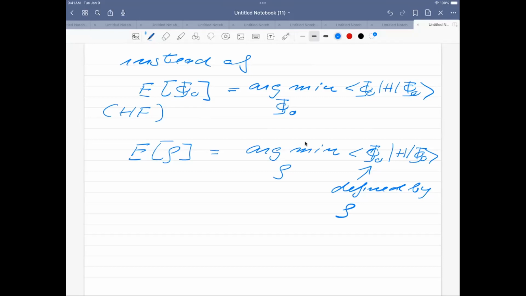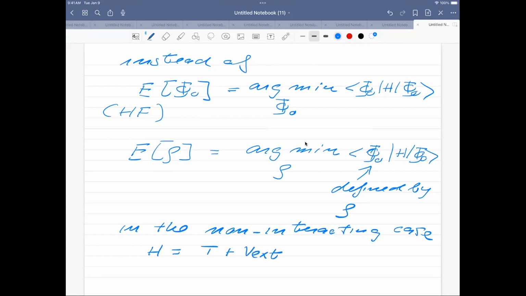So the quantity which we now are going to look at, if we think of the non-interacting case, if we look at that one first, what we have then is that the Hamiltonian is just given by kinetic energy plus this V external. And the kinetic energy is just the sum over all the particles which we have present, minus del squared divided by 2 of i.